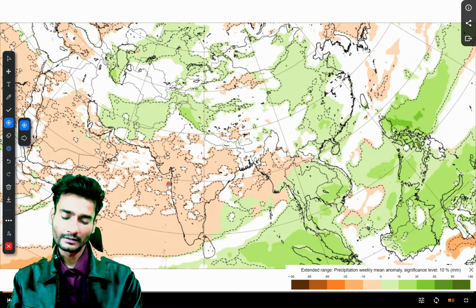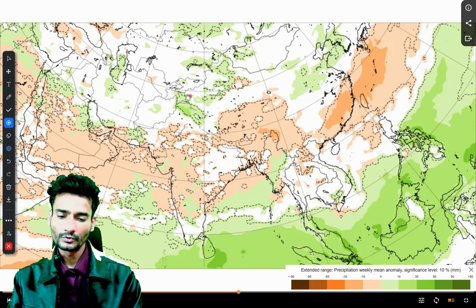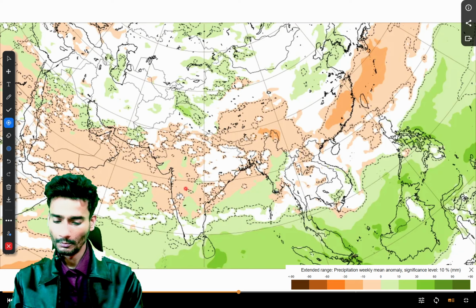Now, what can we expect from 24th of February to 3rd of March? Over the extreme north of India, Jammu and Kashmir, again we have positive precipitation anomaly, but over the peninsula, central part of India and most other regions, it is likely to be normal to below normal. So it is likely to be drier than normal.